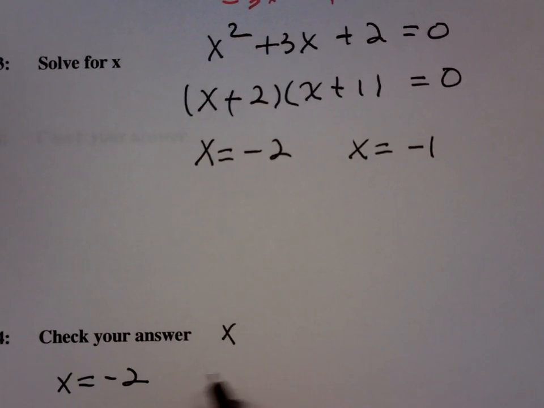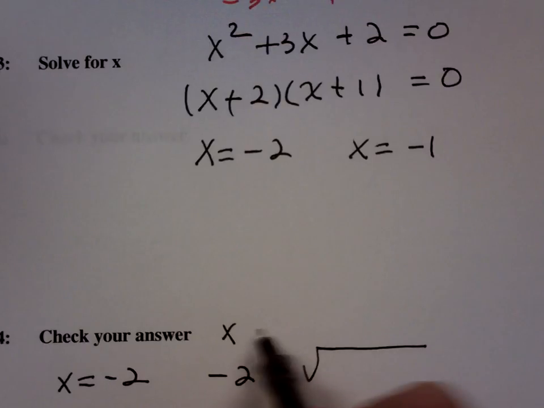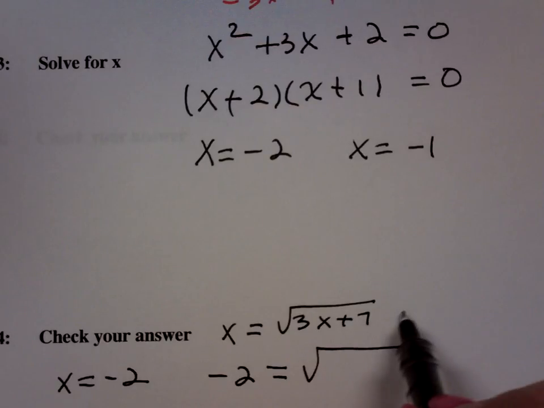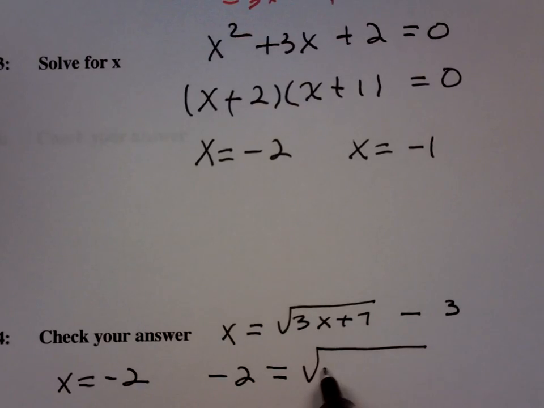Is it true that negative 2 equals the square root? Because remember, the original equation is x equals the square root of 3x plus 7 minus 3. So it's 3 times negative 2 plus 7, subtract 3.